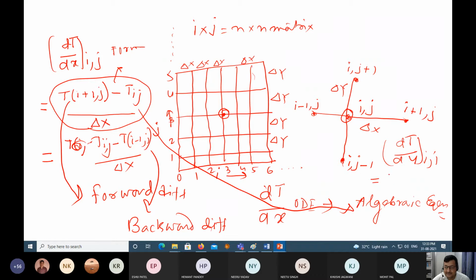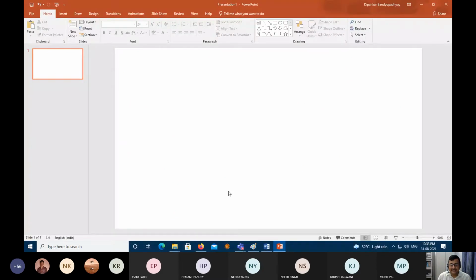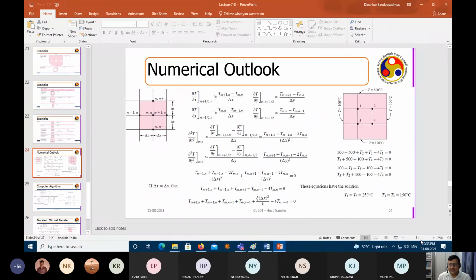T i, j plus 1. Very nice. Minus T i, j, divided by delta y. Easy, right? That's the reason why CFD has become such a buzzword.